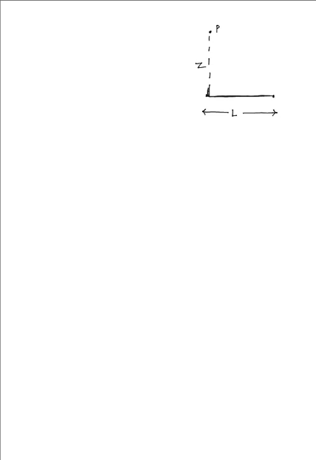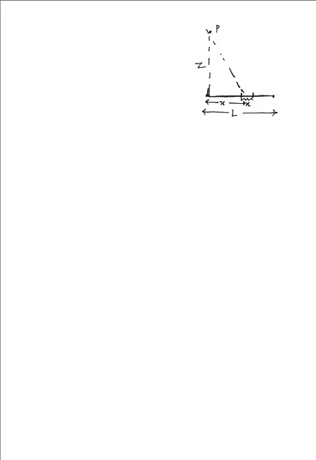Now let us assume that we have a small segment of it, let us say dx, lying at a distance x from this end, from where we are considering the z coordinate.